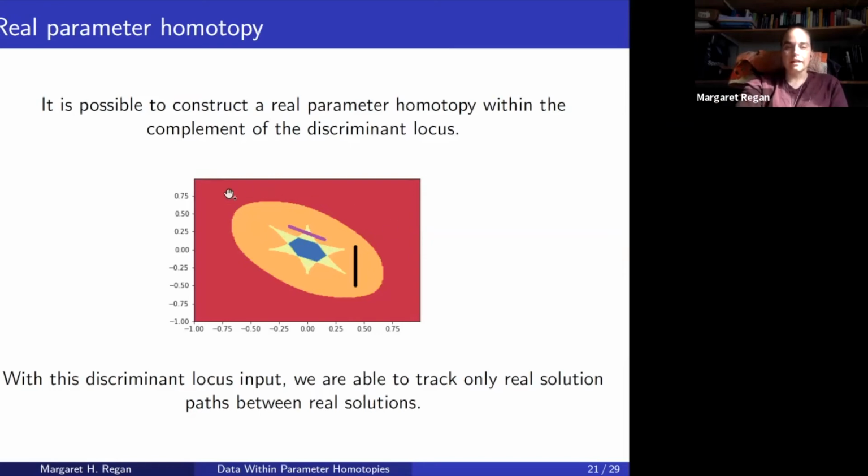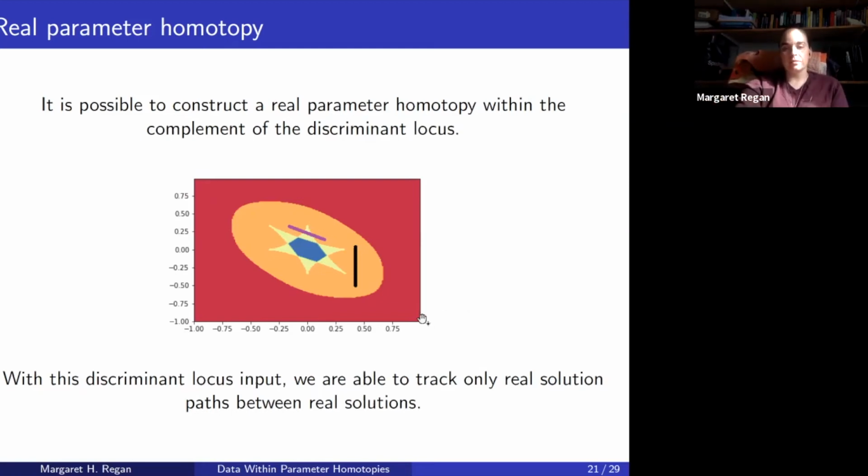So this red section here has 0 real solutions. This orange section has 2. The yellow has 4, and the blue has 6. And it adds 2 every time because we need these complex conjugate pairs.